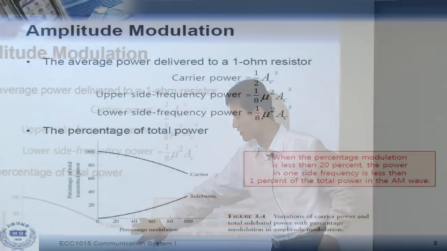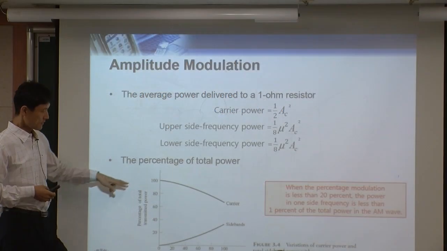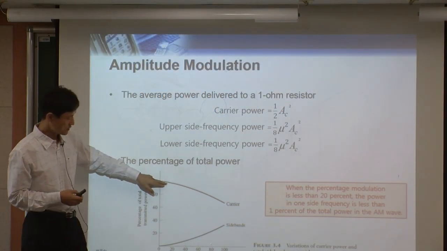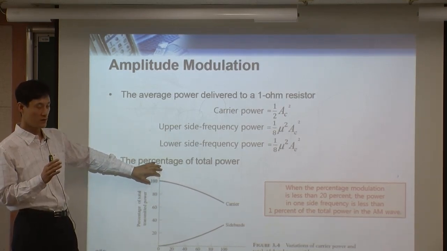So this picture here is telling you how much energy is split. In this picture, we have two curves. One curve shows the carrier, the other curve shows the sidebands. This curve shows you the power of the carrier.